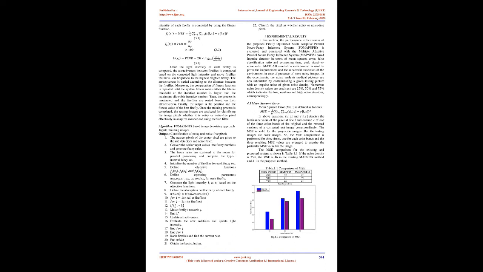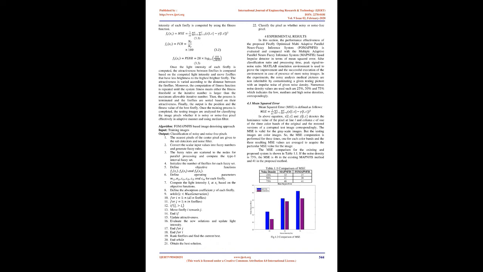End. 15. Update attractiveness. 16. Evaluate the new solutions and update light intensity. 17. End. 18. End. 19. Rank fireflies and find the current best. 20. End. 21. Obtain the best solution. 22. Classify the pixel as noisy or noise-free.